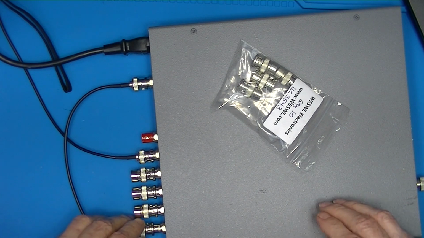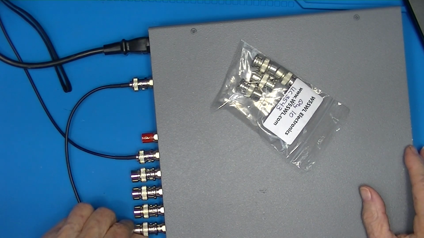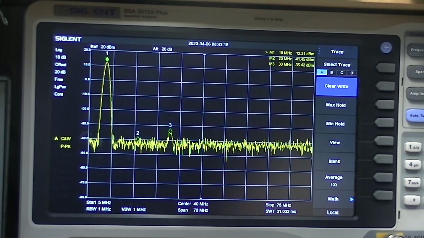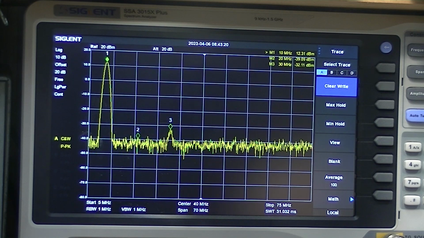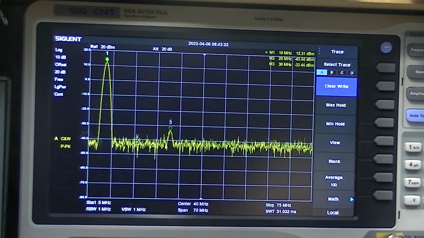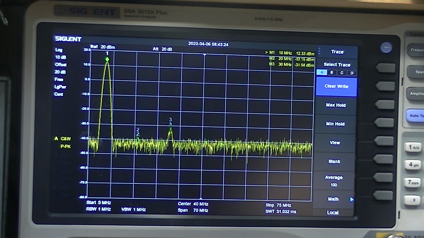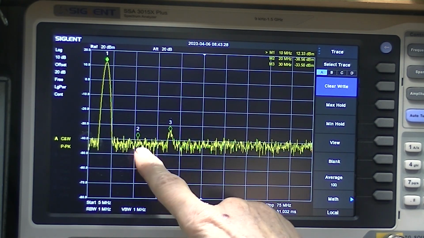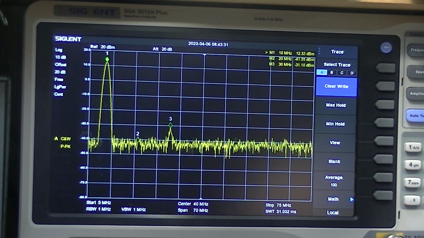Actually, as I add these terminators, I begin to get some harmonics. Second, third, and fourth harmonics are now appearing. So here's the output with none of the terminations in place. And you see I can't see anything at the second harmonic.